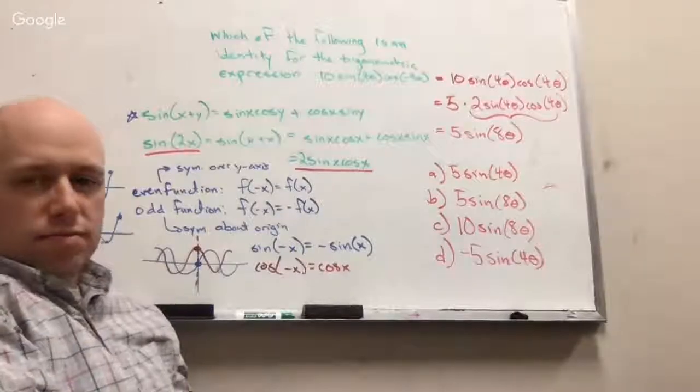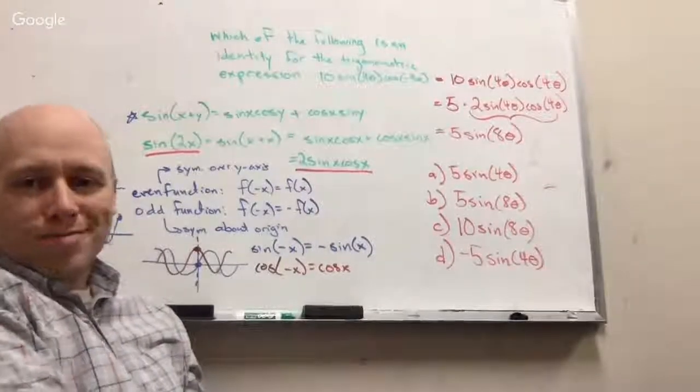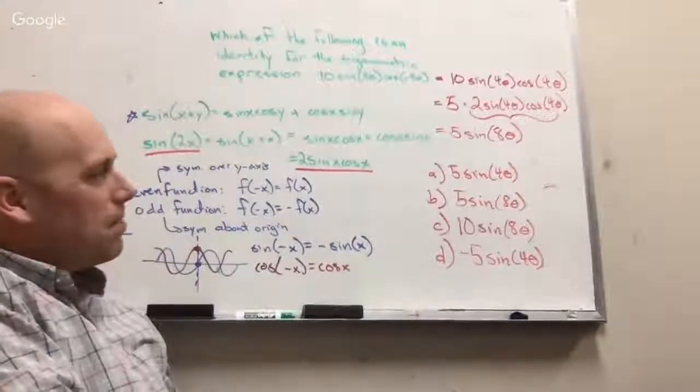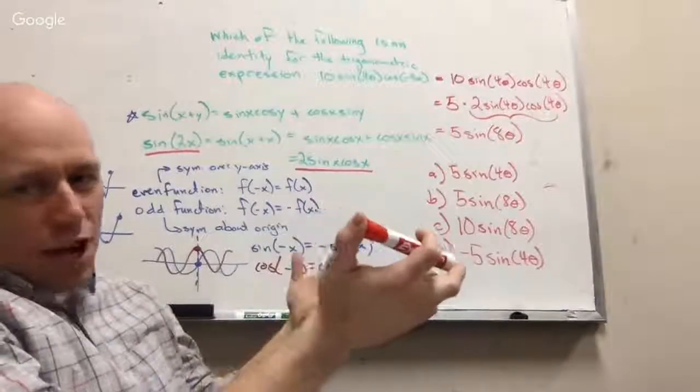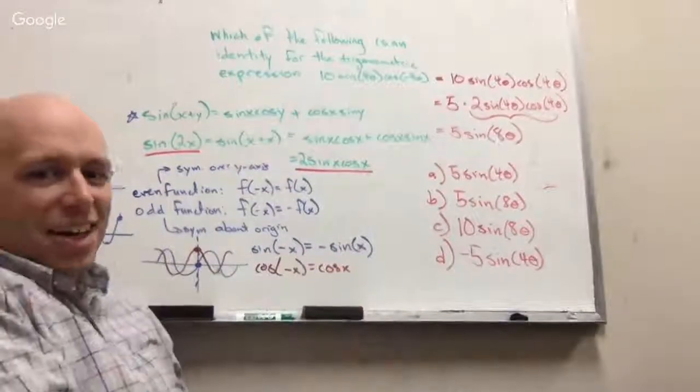You understand what I'm saying? Yeah. So you want to choose smart. That's the test taking strategy way to do it. Yeah, just put it in and then match up the choice.